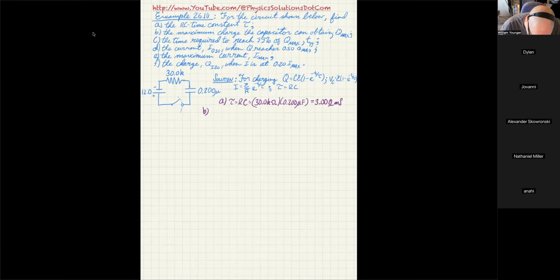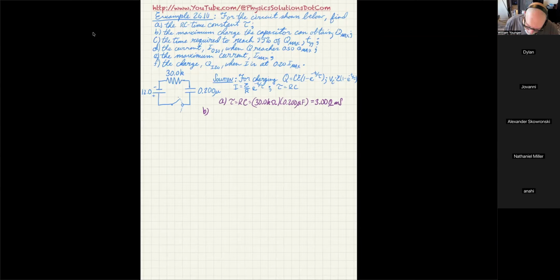For part B, they want to know the maximum charge a capacitor can have. If you look at the equation for charge, you've got Q equals CE times 1 minus e to the negative t over tau. That is basically a function that starts at zero and goes up like this and asymptotically approaches a horizontal line.